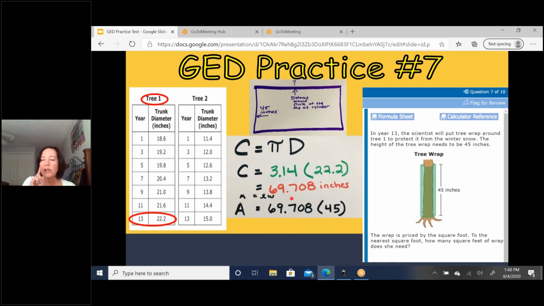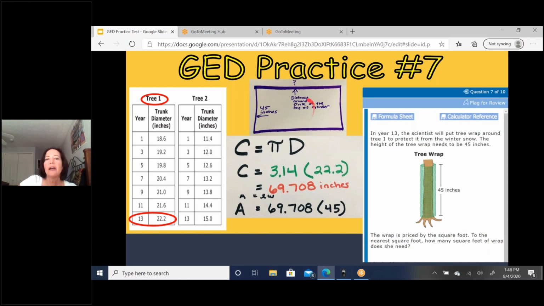But we're not done yet. Remember, 69.708, we were calculating this distance right here at the top of the rectangle. The circumference, the distance around the circle at the top of the cylinder, when it was flattened out, it's that straight line, and we now know it's 69.708.